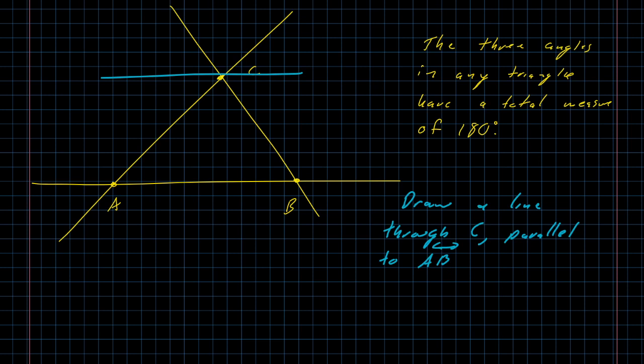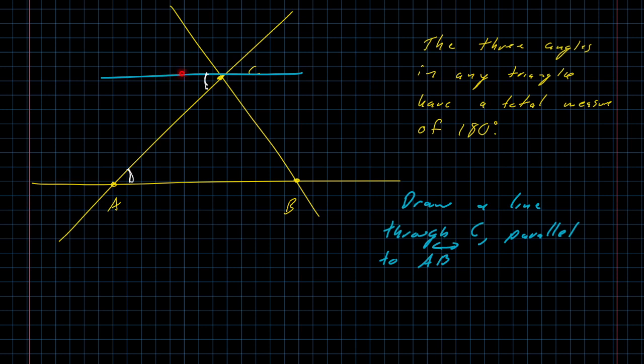Now that I have done that, I have 2 parallel lines cut by a transversal. And in that picture, this angle and that angle, those are the alternate interior angles, but again, the important thing is that they are going to have the same measure.